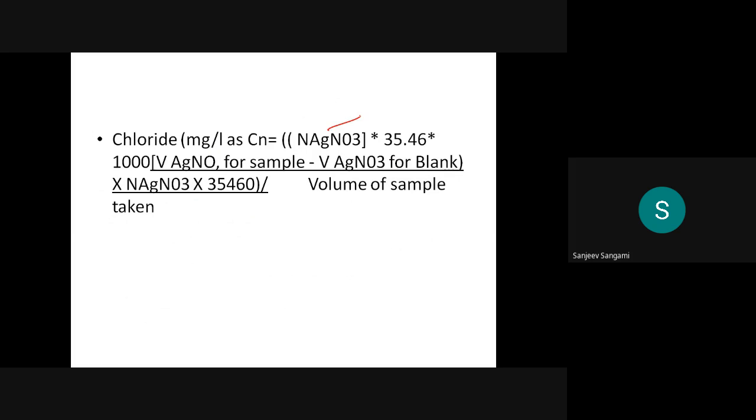So the normality of AgNO3, this normality we are speaking of, is the actual, remember, not the prepared, that is, how much actual it is after doing standardization.